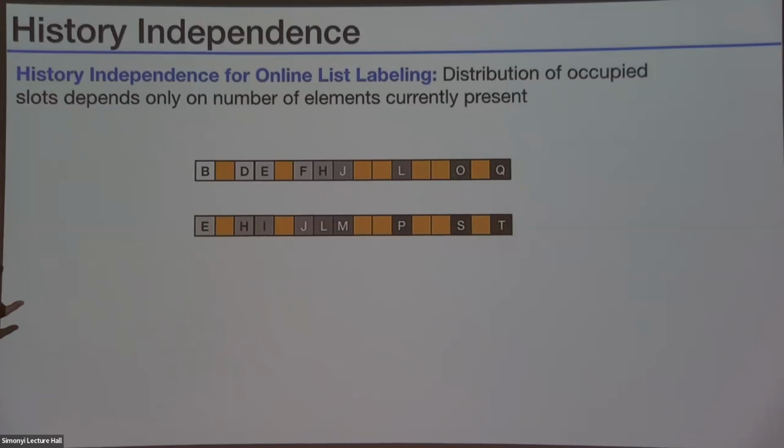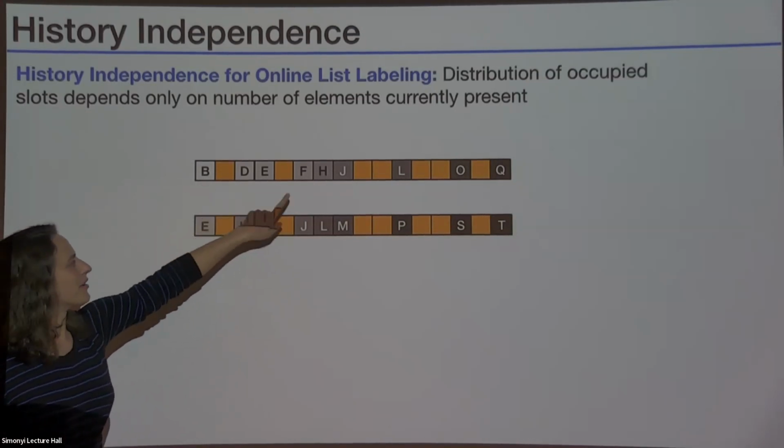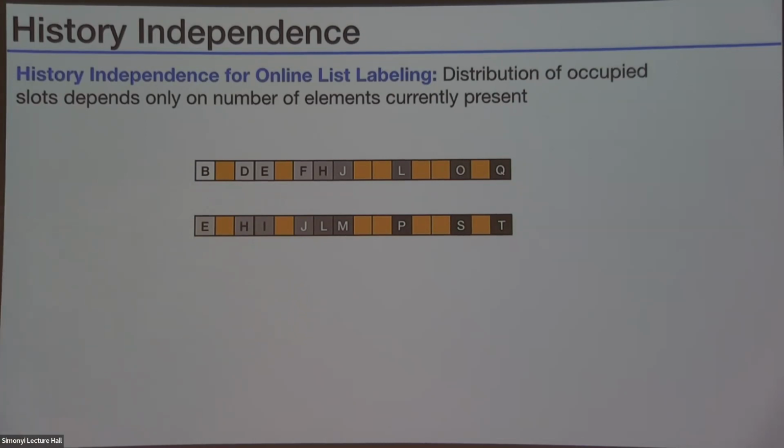To reiterate what this means for list labeling: if I have two different arrays with different identities of the elements, the occupied slots should be matched up. It's not that they have to be completely matched up, it's just that the distribution has to be the same. And it also has to be the same regardless of what I did in the past.